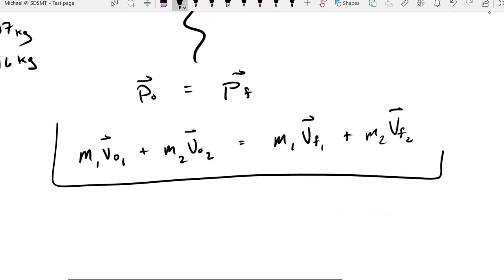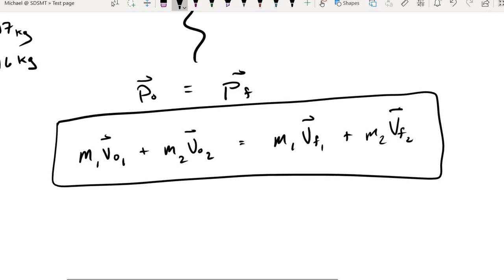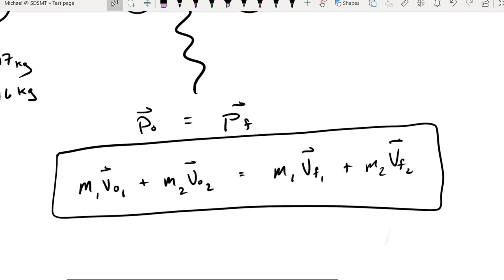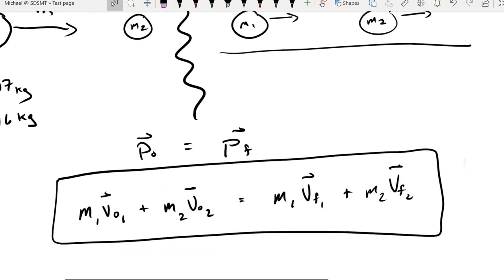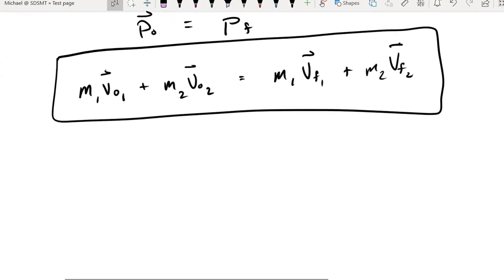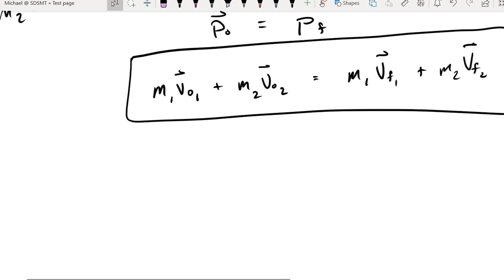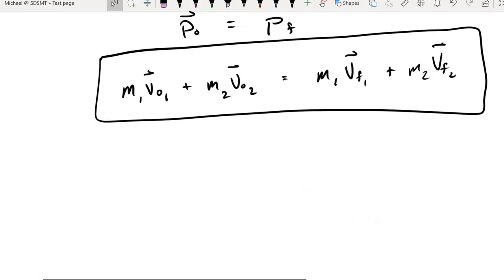And that conservation of momentum could then tell us how fast mass 1 or mass 2 would travel after the collision. That's assuming that both of them do travel. It's possible that one of them could come to a halt, and we covered those situations in the last video.